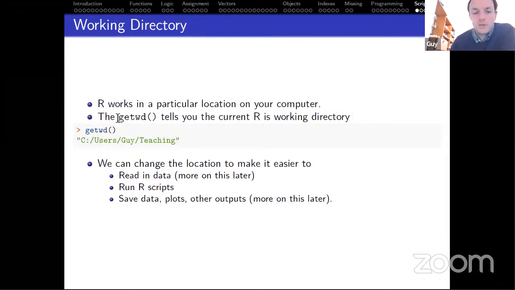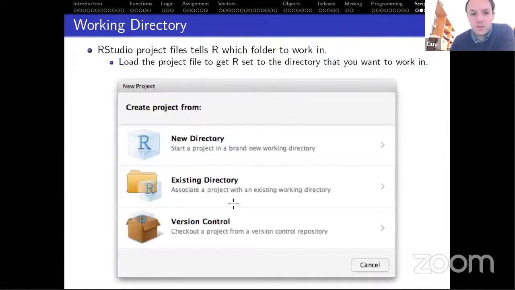And you can find out where you are on your computer using getwd. Unless all your data is in My Documents, for example, you want to be able to change your location to make it easier to read in data, to run scripts, and to save the data, plots and other inputs and outputs in the correct place on R.